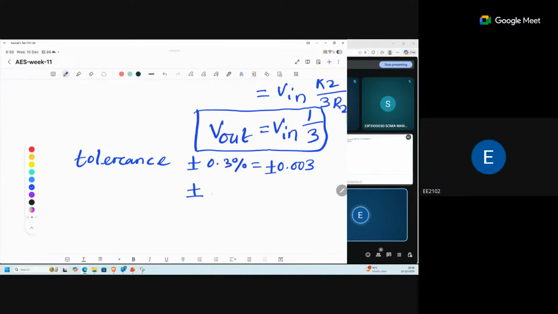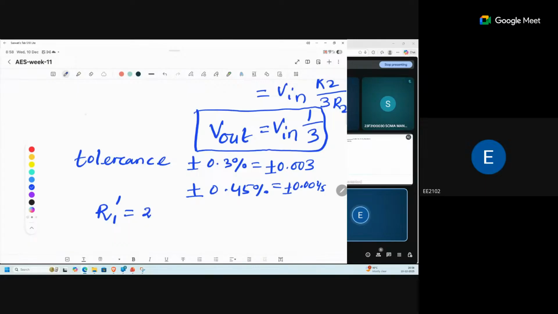Similarly, plus or minus 0.45% is nothing but plus or minus 0.0045. We can say this is the tolerance value, right? Yes, ma'am. So now the new resistance R1 dash can be written as what value?